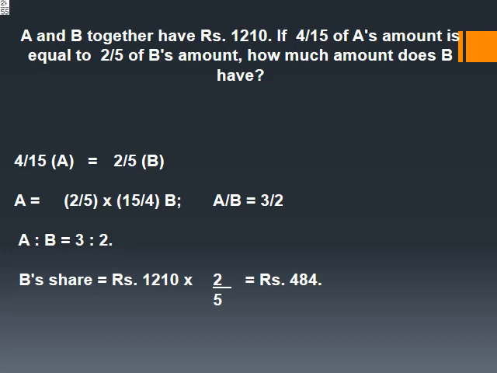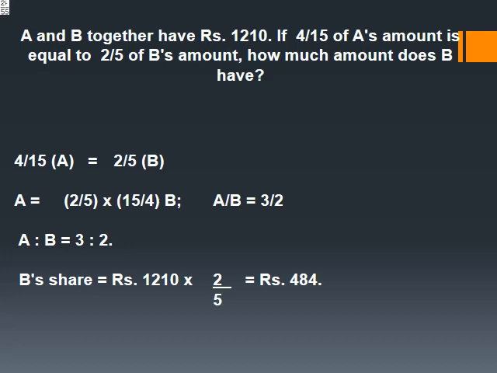That means 3 plus 2 is the total. B's portion is 2 and A's portion is 3. So if you are asking for A's share, that will be 3 by 5. If you are asking for B's share, that will be 2 by 5. 5 is the total, 3 is A's portion and 2 is B's portion.